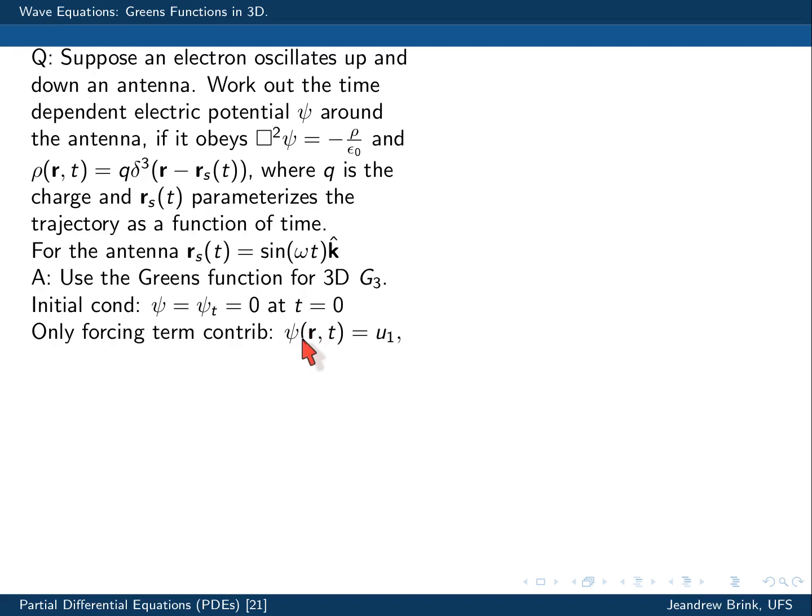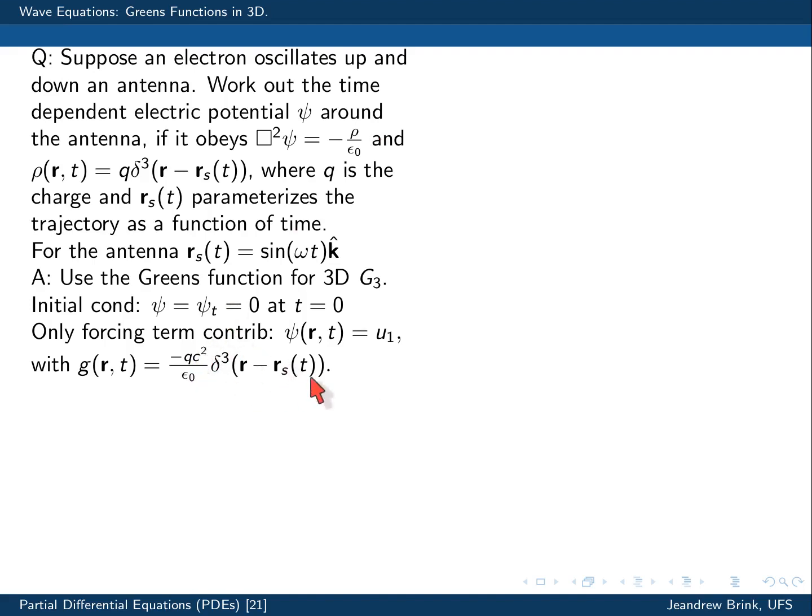We're going to find that psi of r and t is equal to u1, where we described u1 in the previous slide, and we're going to use the forcing function g of r and t, which is simply this function here. So here we have rho over epsilon. If you remember from our definition of g, we have to multiply it by c squared because we had box of u equals g over c squared, just from our notation.